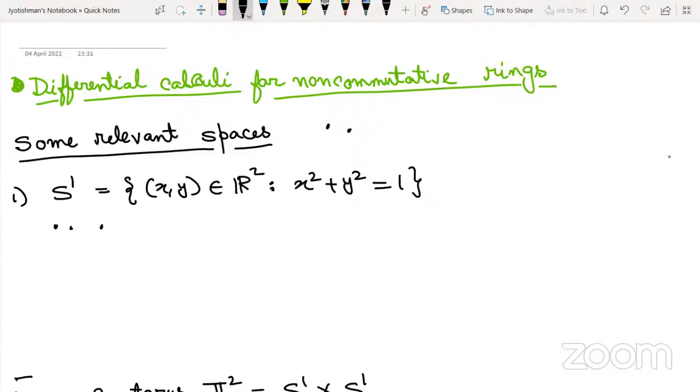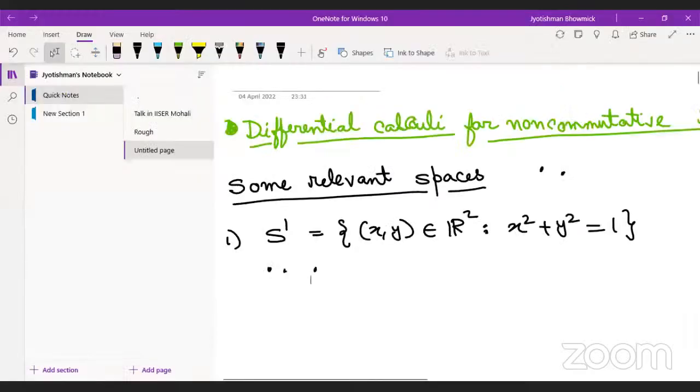You actually switched off your video. Is that okay? No, you can switch it on. These lights are switched off. These ones. Yeah.